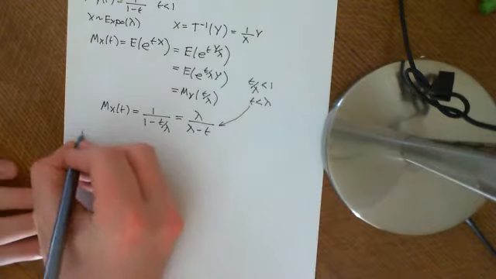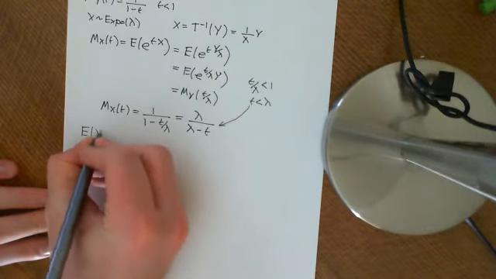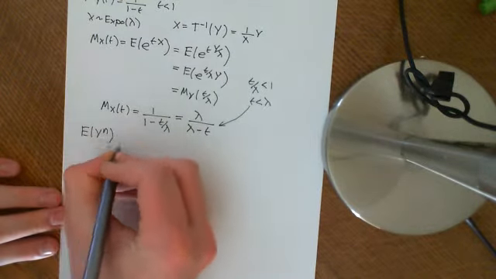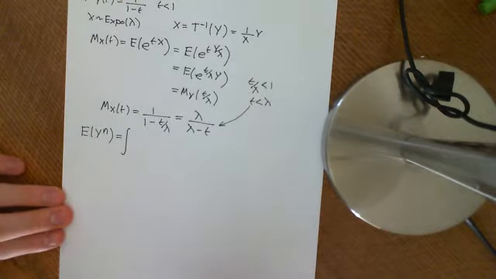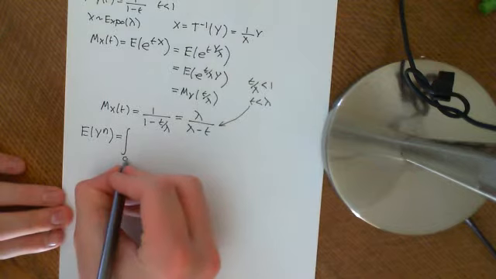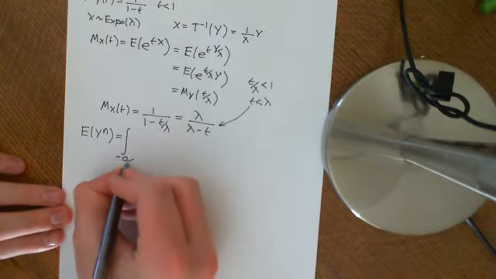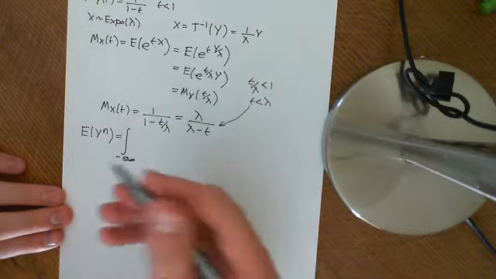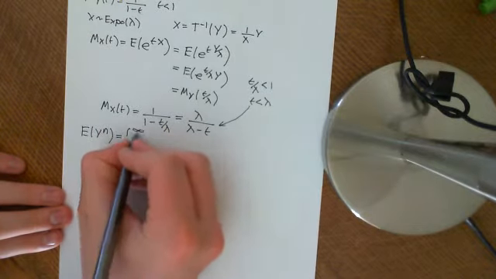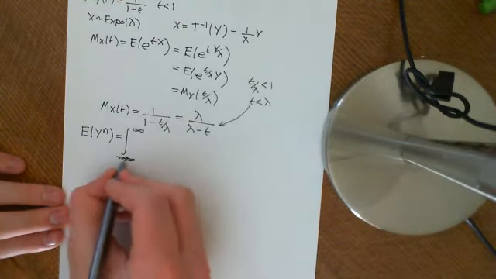If I wanted to know the expected value of y to the power of some n, well, before moment generating functions, what we'd have had to do was the integral over all values of y, so the integral really would start from 0.